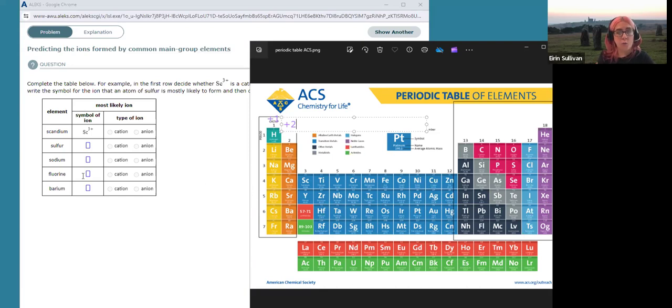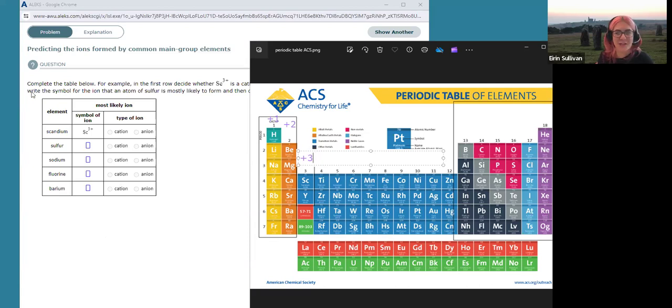Anyway, we can also add a little bit extra, because scandium and yttrium really do behave in quite predictable ways. The rest of the transition metals in general is no man's land, but there's a couple that you can kind of deduce. So scandium and yttrium do always form +3.